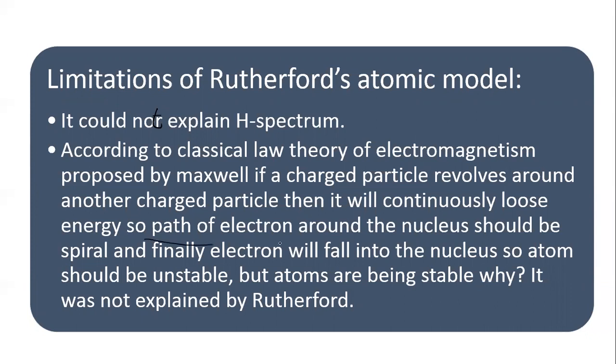So the path of the electron around the nucleus should be spiral, not circular. Finally, the electron will fall into the nucleus and the atom should collapse. That means the atom should be unstable. But most atoms are stable. Why was this not explained by Rutherford? These are the limitations.